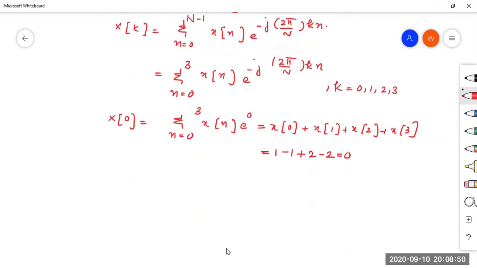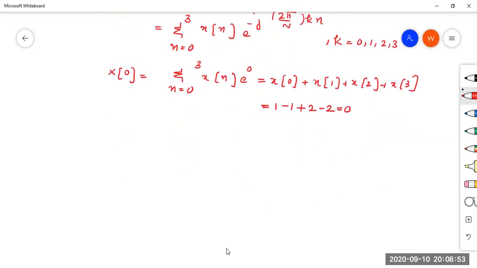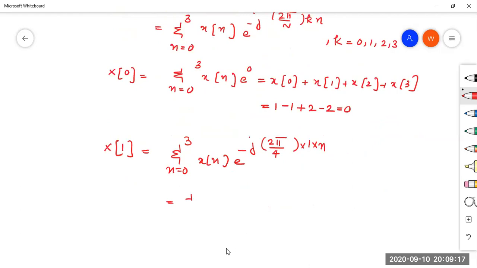Now next is X of 1. X of 1 is summation n equal to 0 to 3 x of n e raised to minus j 2 pi by 4 into 1 into n. Okay, so what will happen? It will become sigma n equal to 0 to 3 x of n e raised to minus j pi by 2 n.